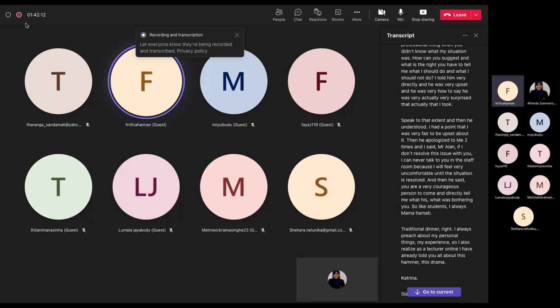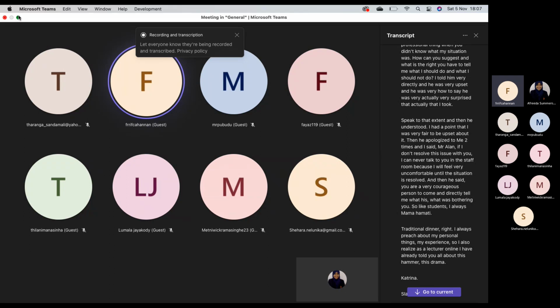Since this is the second assignment and you have broken this into three parts, in the first, A, you have asked us to explain what academic writing is and the principles of that, and B, you have asked us to choose a topic and do an academic writing on that. Okay, the second part, how much word count do you expect us to do it in?